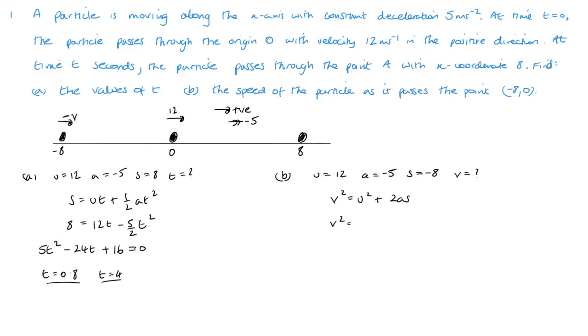So substituting in what I know, that's 12 squared plus 2 times minus 5 times minus 8. I'll put them all in like that. So that's 144 plus 80, which is 224.